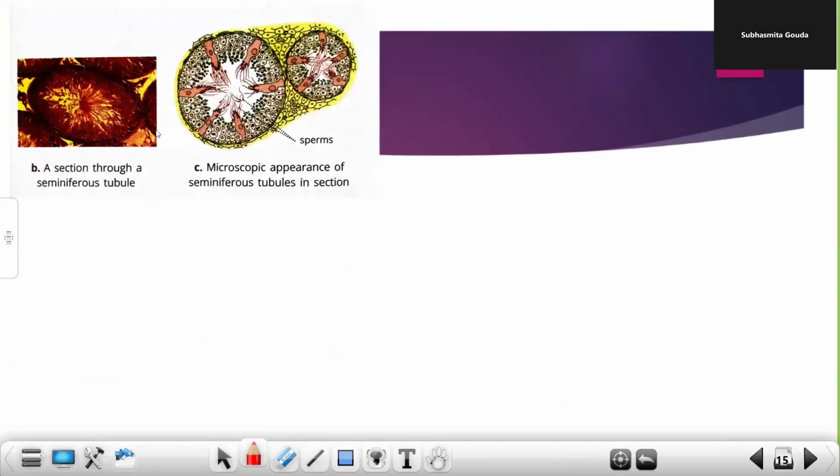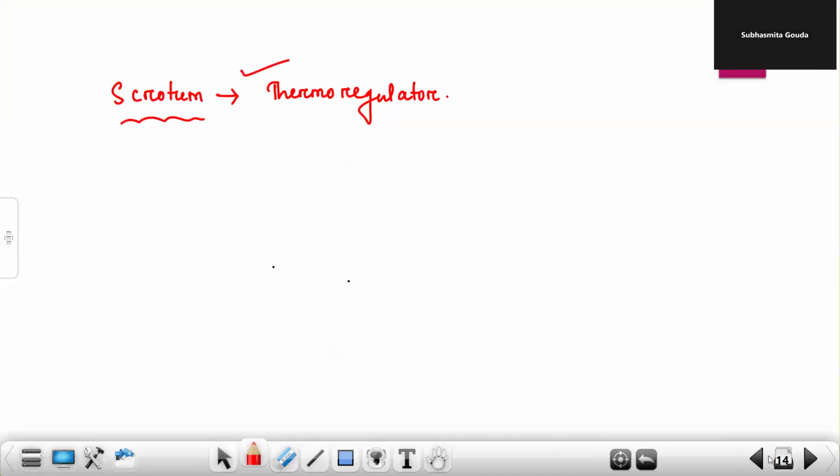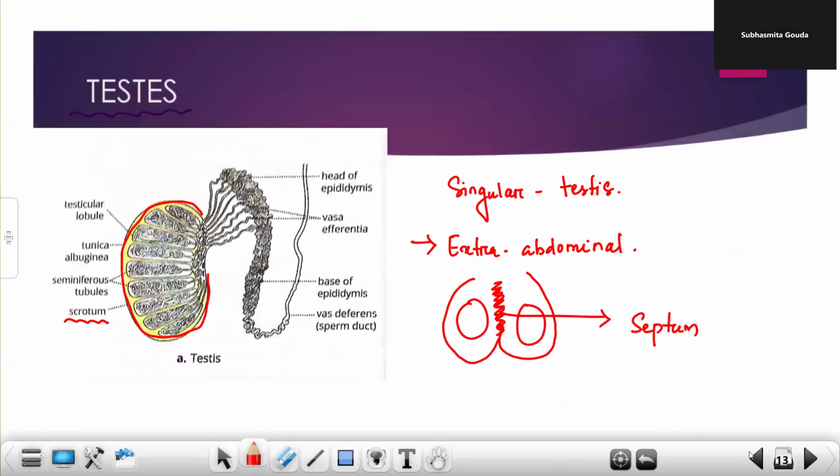Next, each testis has several highly coiled tubular structures called the seminiferous tubules. Okay, this one. Here the highly coiled structure is there. Here, here, here.